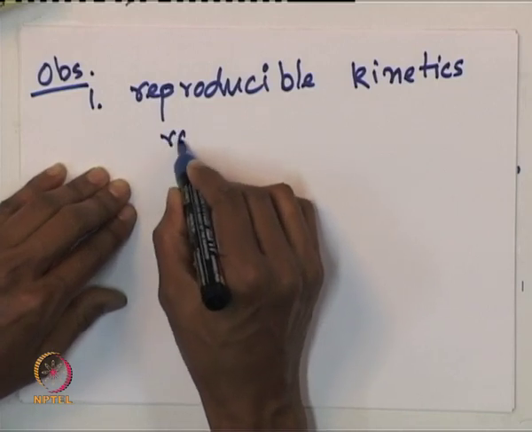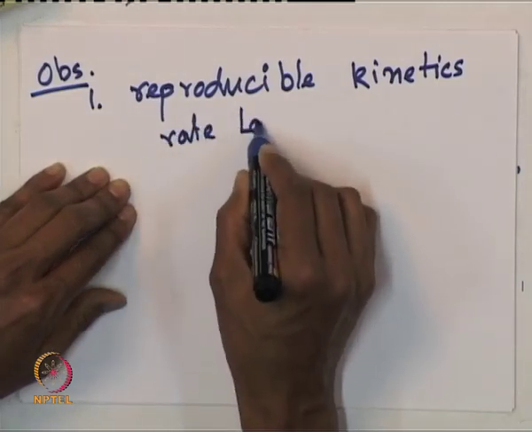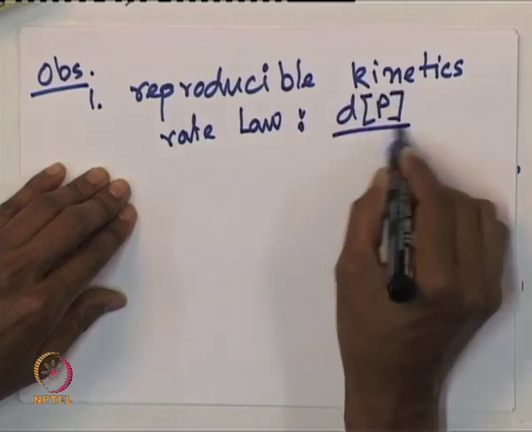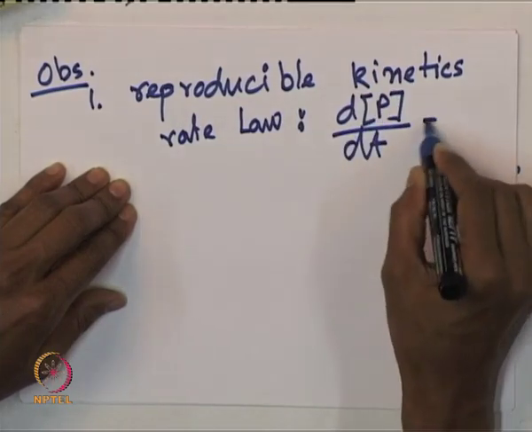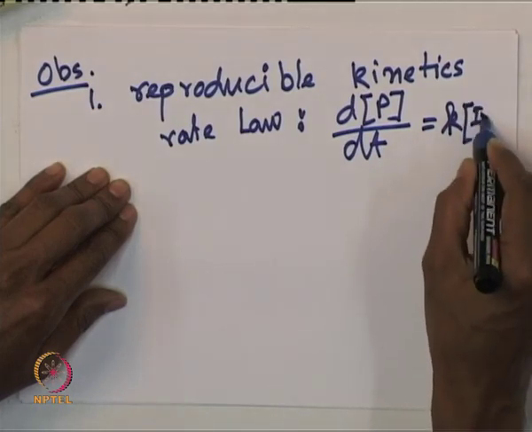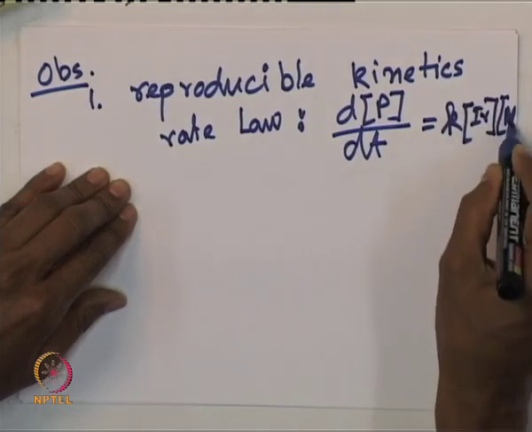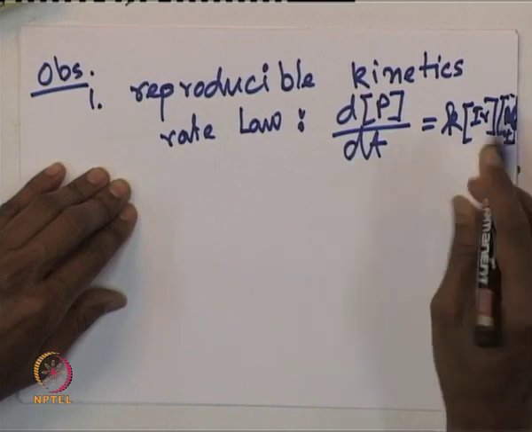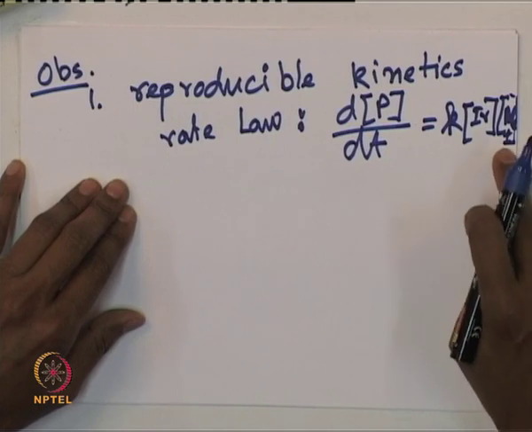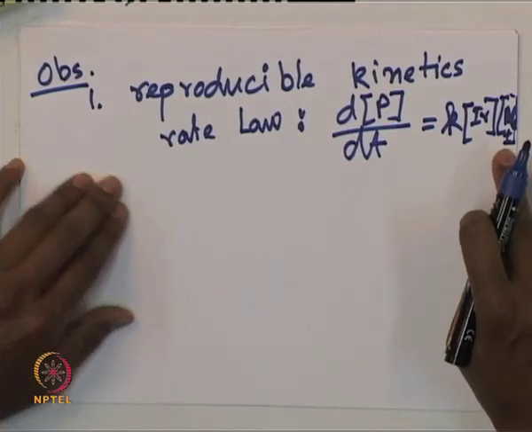The rate law for these reactions will be d[product]/dt equals rate constant times [iridium complex] times [methyl iodide]. So, it will be first order with respect to iridium and first order with respect to methyl iodide.